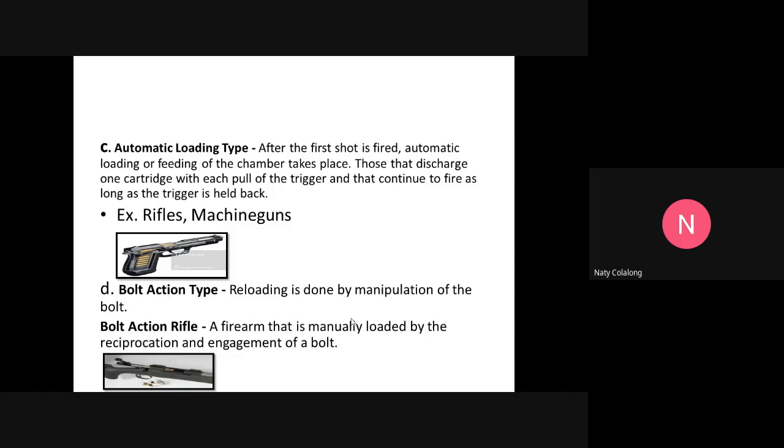Those that discharge one cartridge with each pull of the trigger and that continue to fire as long as the trigger is held back. So, ang example niyan is rifles, machine guns, and you have there the image.